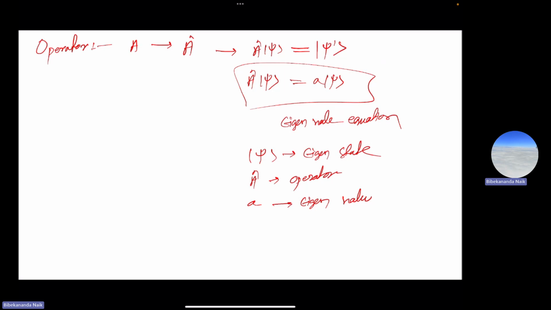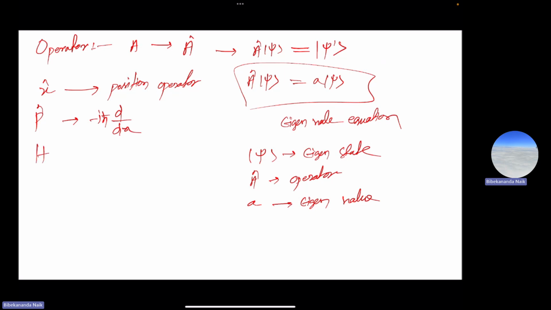Some examples of operators are: x cap is the position operator, and the momentum operator has the form minus i h cross d by dx.